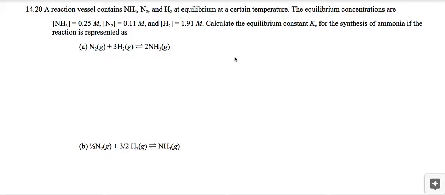All right, so in this case we have just a couple other ways that we can manipulate the K values. We have two different problems that we're working on, and really all that we need to do is to manipulate the expression to correspond to the coefficients here.